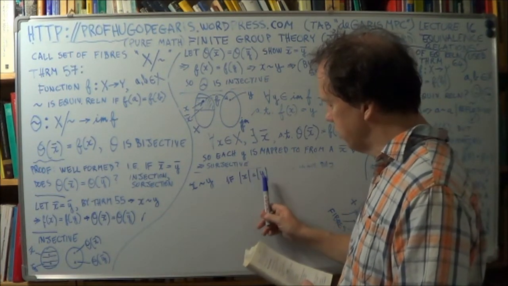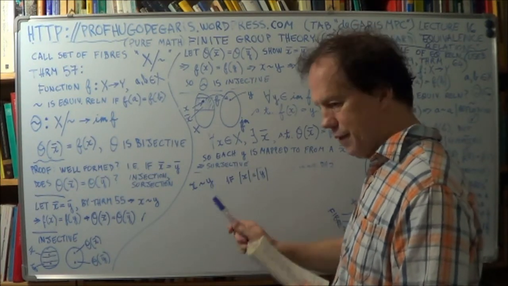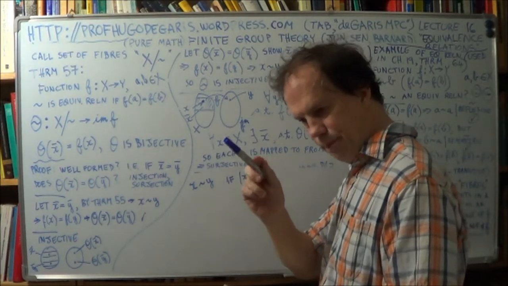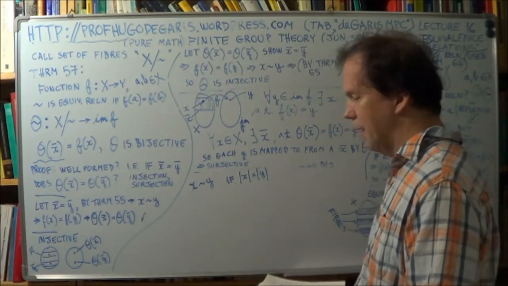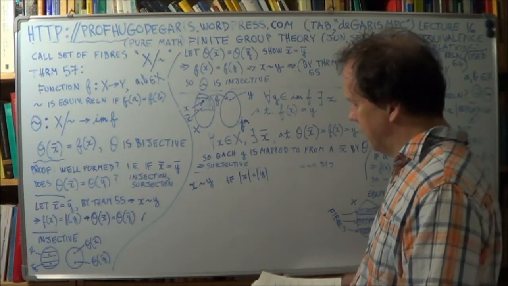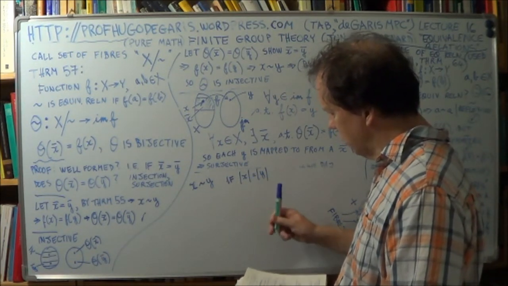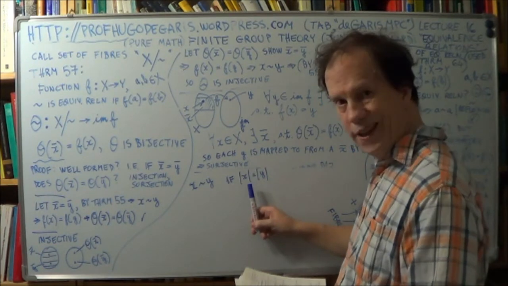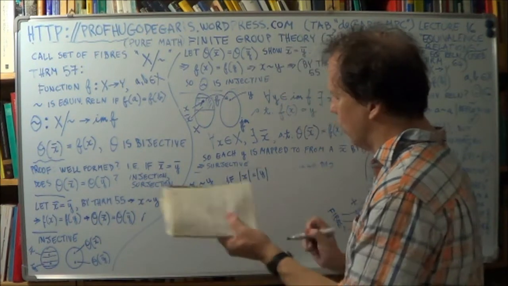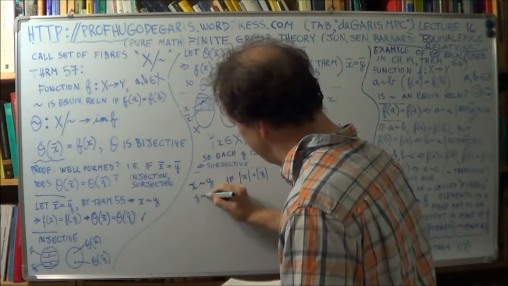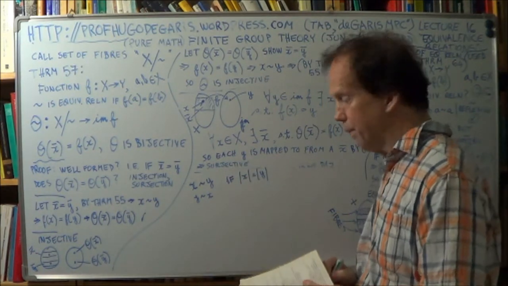Is mod x equal to mod x? Yes, obviously. So it is reflexive. Now, if mod x equals mod y, then mod y equals mod x, and therefore y is equivalent to x. So it is symmetric.